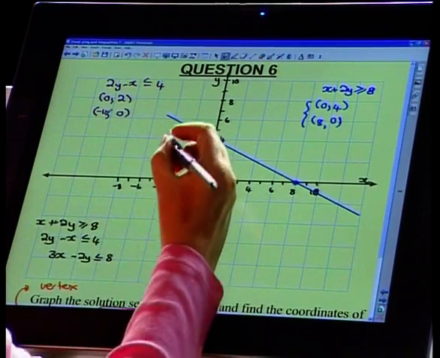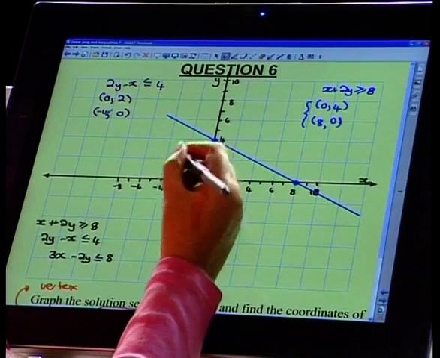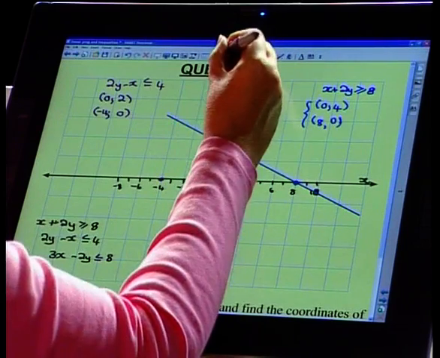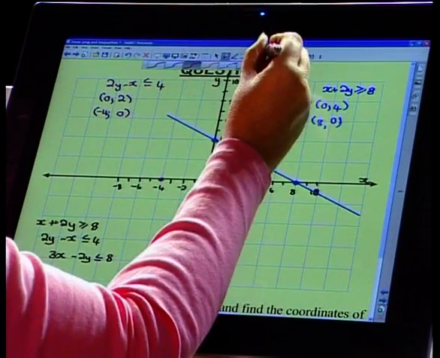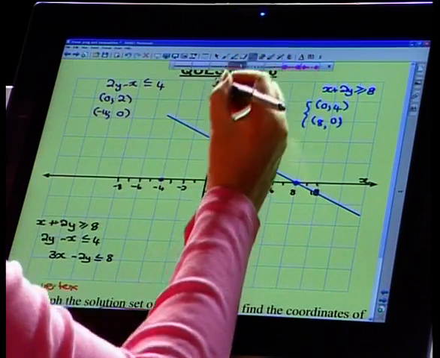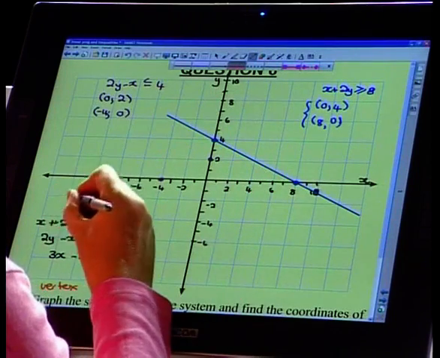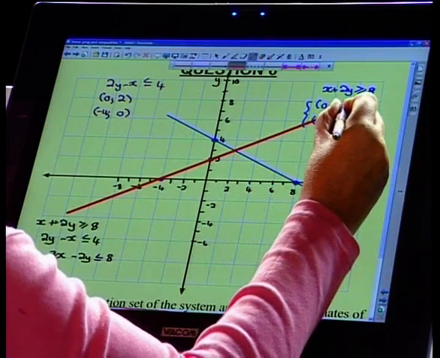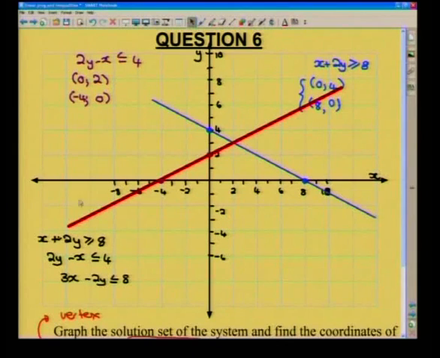Okay, so now we go over here. We want to plot 0, 2, and minus 4, 0. And we want to draw that. And to draw it, I think I'm going to do it in the orange, because I don't have a purple pen handy there. All right, let's do some maneuvering.